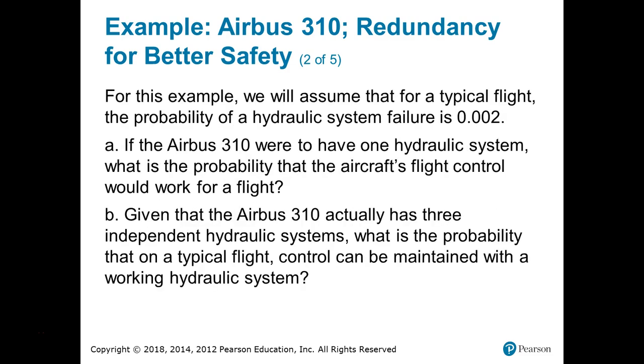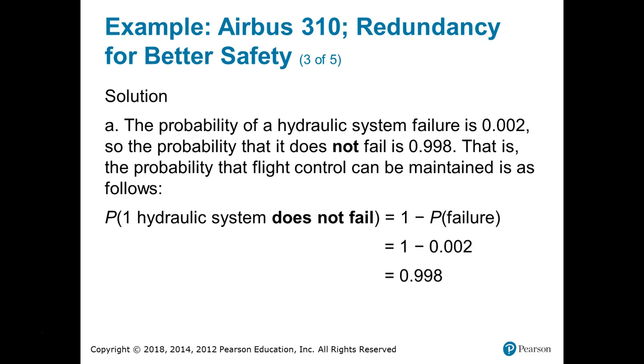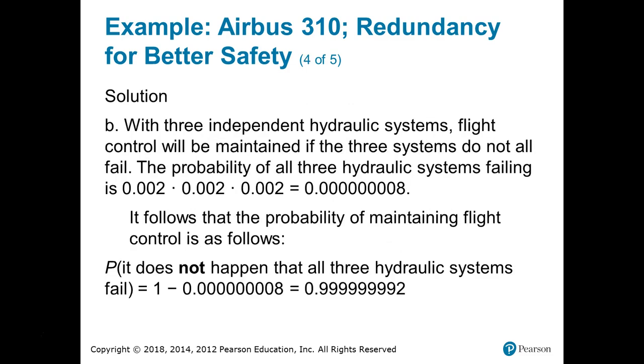So let's look at part B. So given that the Airbus 310 has 3 independent hydraulic systems, what is the probability now that a flight can be maintained with a working hydraulic system? So they are independent trials, since the probability of the first one failing and the second one failing and the third one failing are unrelated to one another.